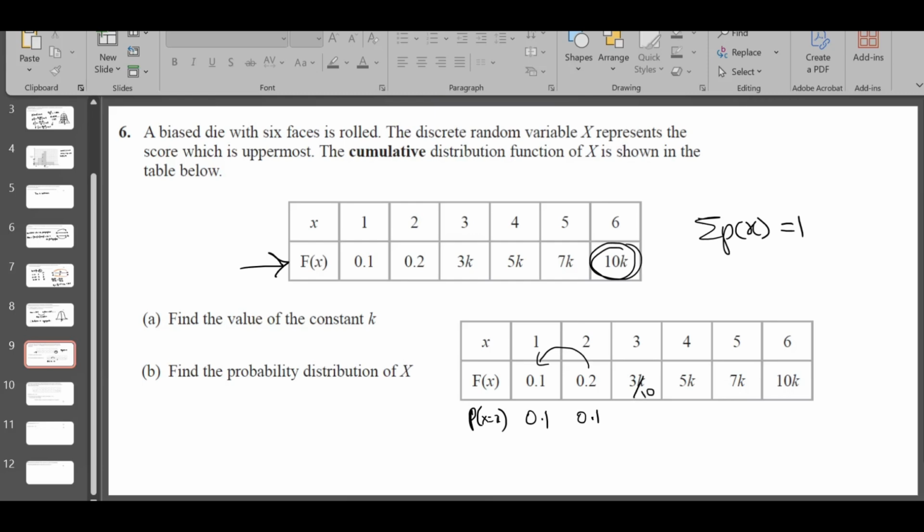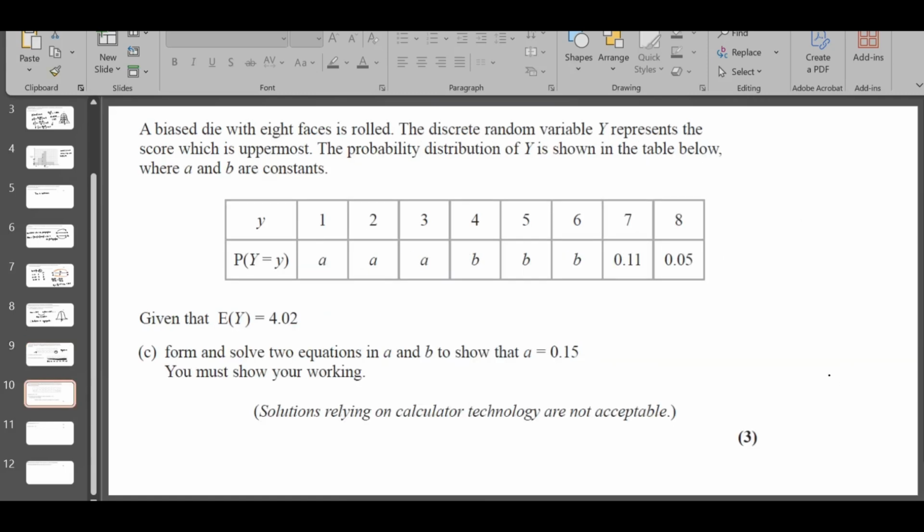This is 3 over 10, 0.3, minus 0.2, then 0.5 minus 0.3, because the value of k is 1 over 10, then 0.7 minus 0.5, then 1 minus 0.7. That's the probability distribution. You can write the probabilities separately or just draw a table with the values of x and p of x.